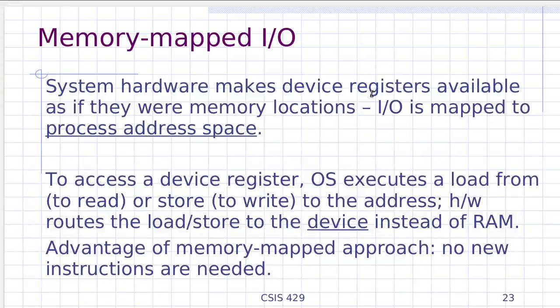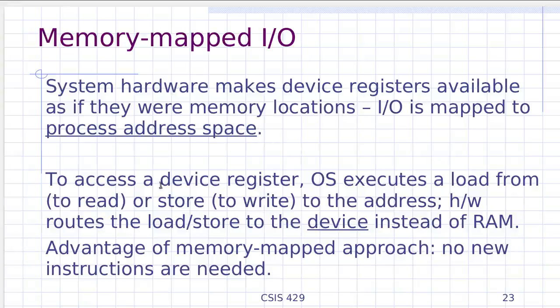We talked about those before, the status, command, and data, and make them appear as if they were memory locations. That is, even though you're actually doing I/O, you can map those registers to somewhere in your memory, to the process address space. And usually it's a low address location.